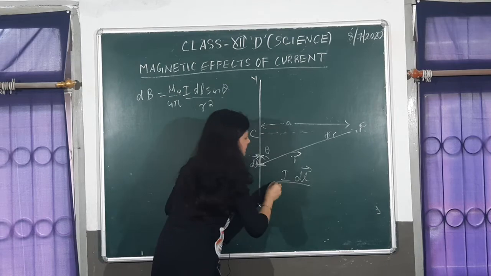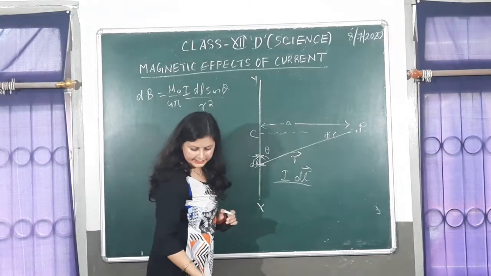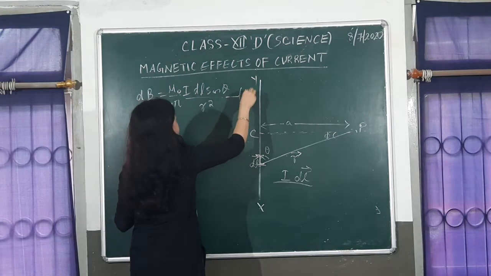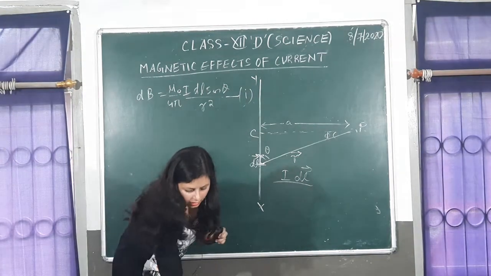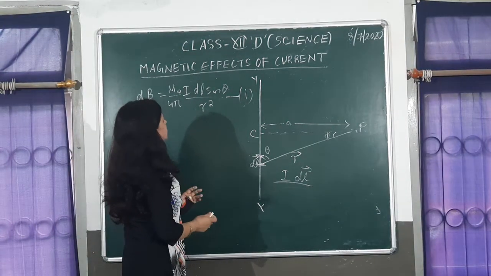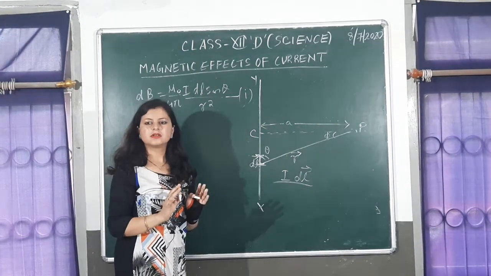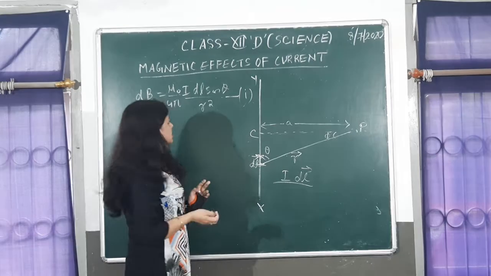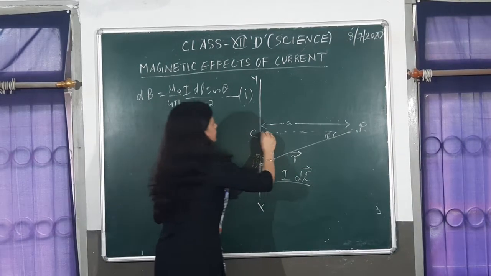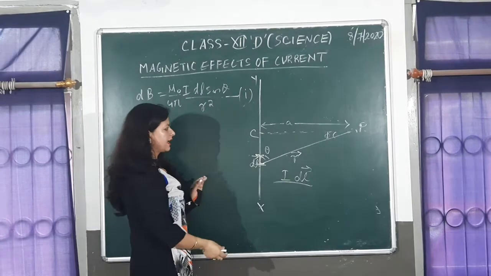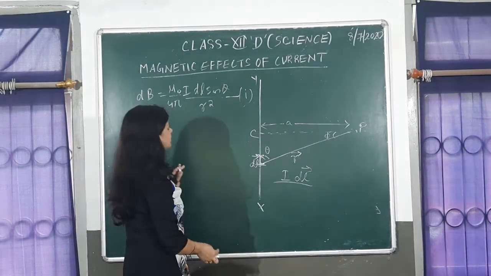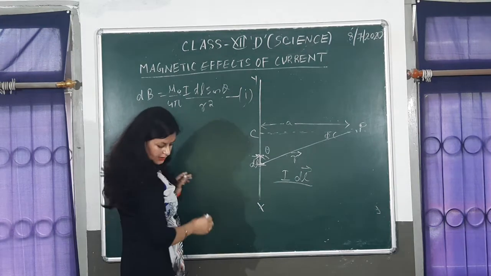So I will consider this as the current element I dl. Alright, let me take this as equation 1. Now we will have to reduce some of the terms or find out some terms in these known terms, like in terms of a which is fixed, alright, in terms of phi which will help you to integrate later on. So let's proceed with that.